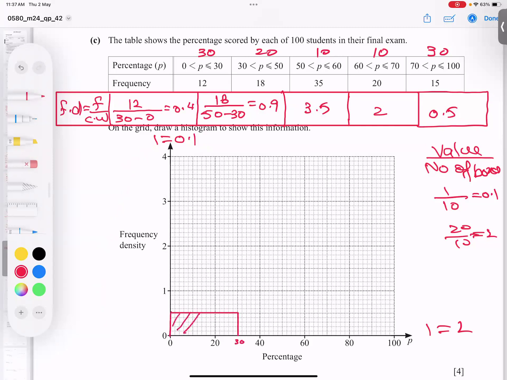Shading is not compulsory; if you do it, good. Next, column number 2, starting from 30, ending 50, height 0.9. 0.9 is one box below 1. And ending at 50, we know where it is.